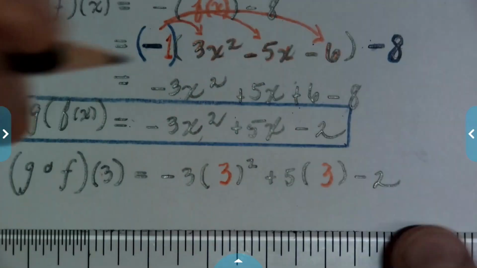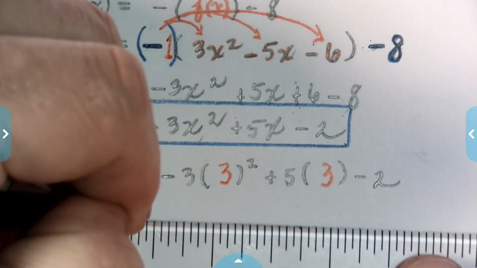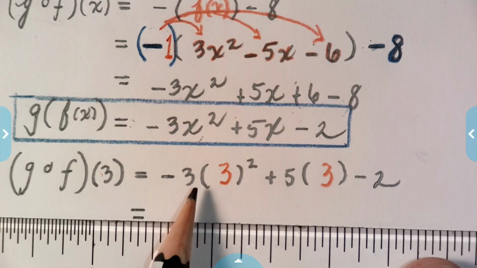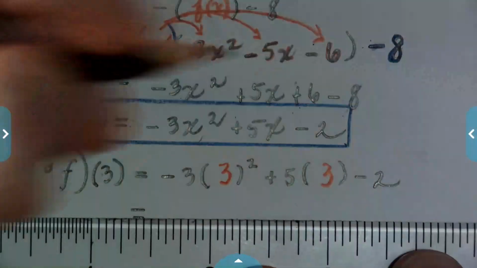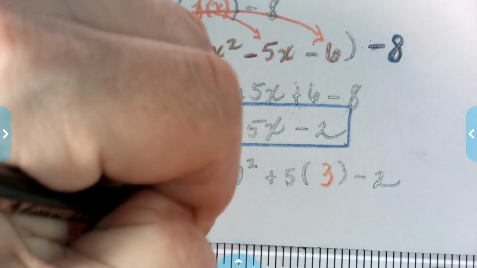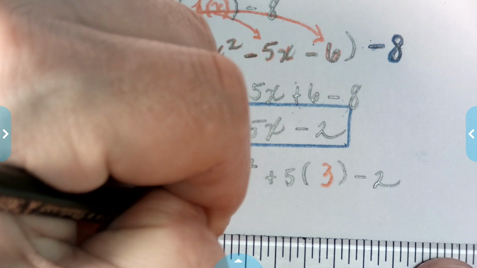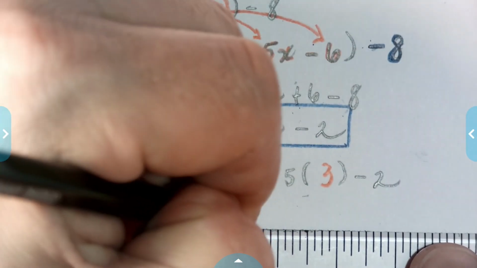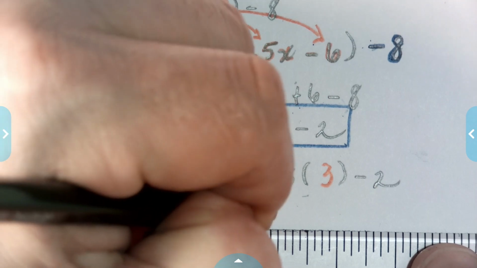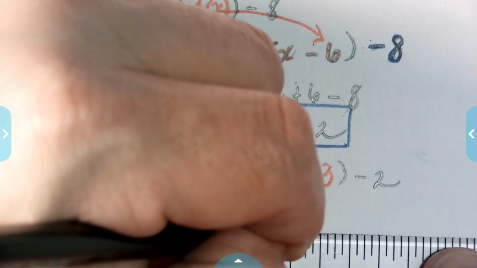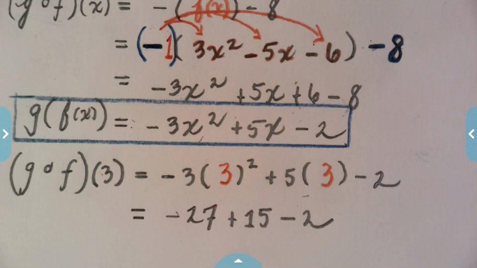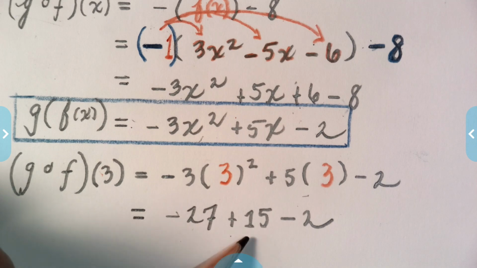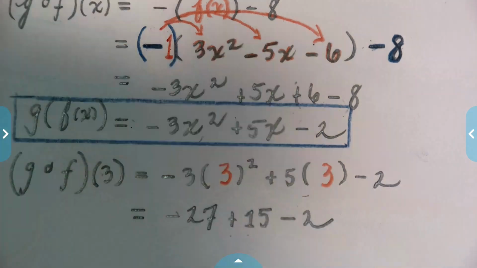All right, so let's see what happens. Well, 3 times 3 is 9, and 9 times -3 is -27. Now 5 times 3 is 15, so plus 15. Minus 2. Okay? So let's just work from left to right.